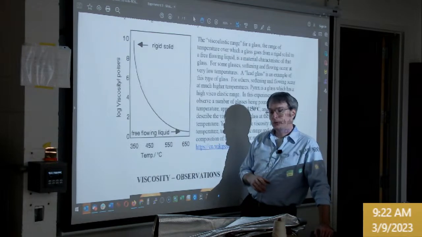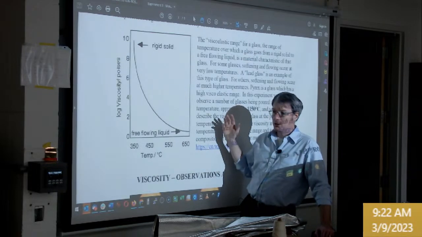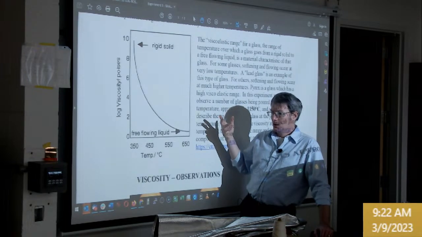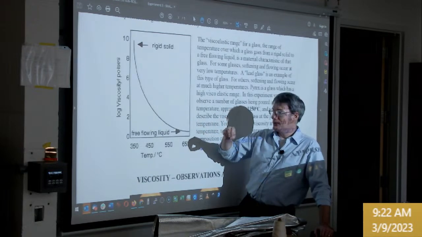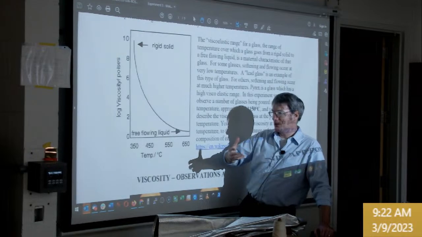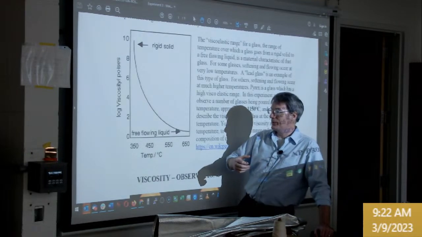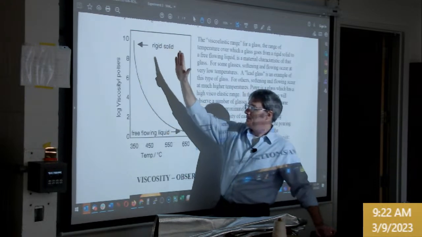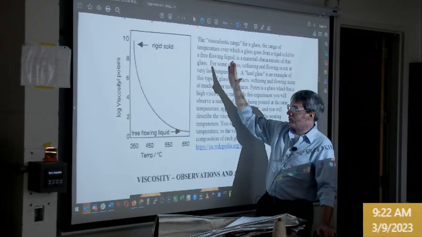These, you'd have to get up to very high temperatures, like 1800, to get it to pour like normal liquids that you're used to. These are all going to pour very slow by pouring standards, but they still spread out, and you'll see that behavior once we get started with the pouring. But this can change based on the chemical composition of the glass.